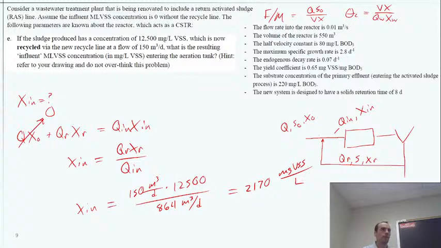Is that right? Okay, so that should give us our X in value. And we can check, that should definitely be below the amount recycled. We are diluting it by adding it to the influent stream there.